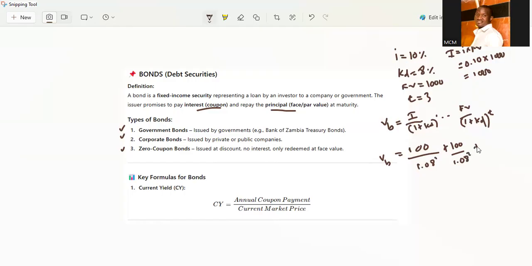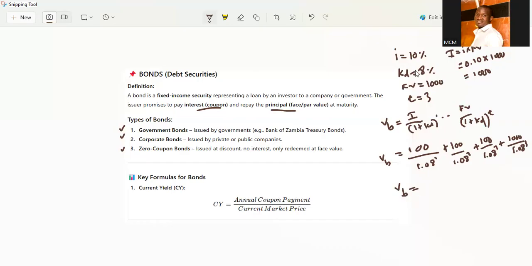And in the third year, you're going to get this 100 again over 1.08 to the power 3. On top of that, you're given a bonus, you're given back your money, the actual face value, the 1,000 over 1.08 to the power 3, because that is the last year. So discover that the 3 and 3 here will repeat itself because that's the final year. So that is how we calculate the value of the bond in its simplest way.